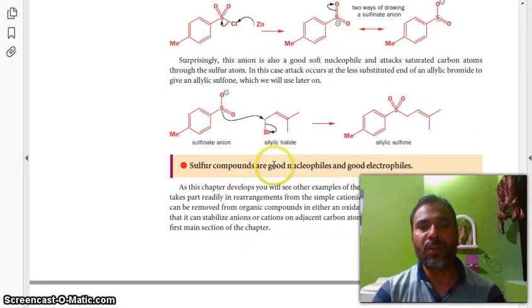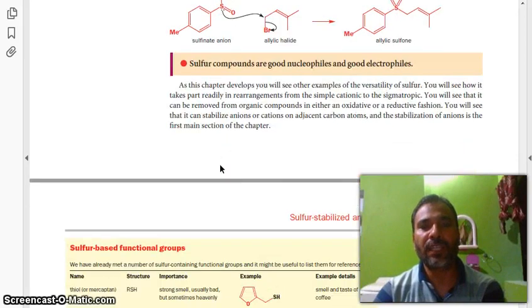So sulfur compounds are good nucleophiles and good electrophiles. I repeat, sulfur compounds are good electrophiles and nucleophiles.